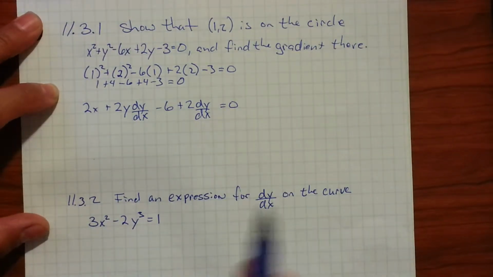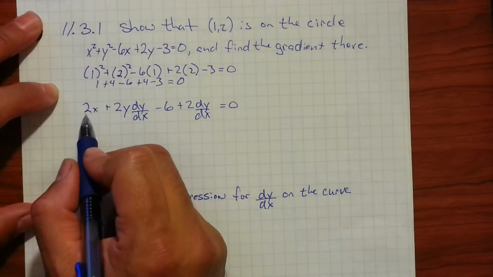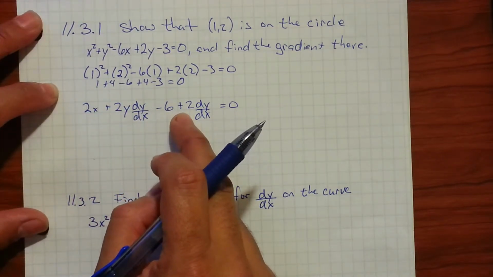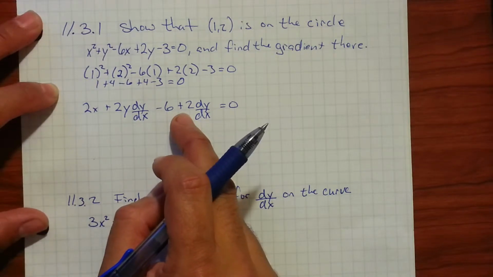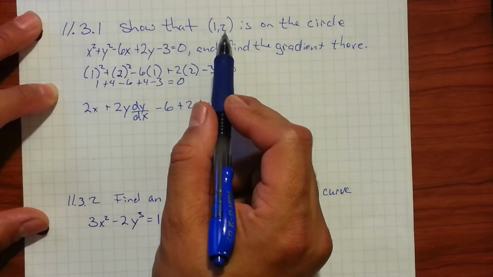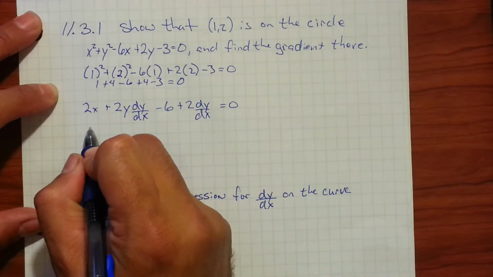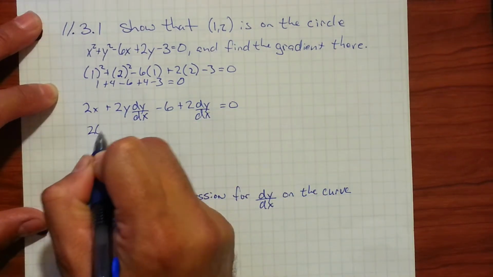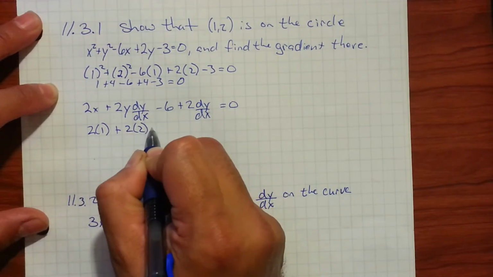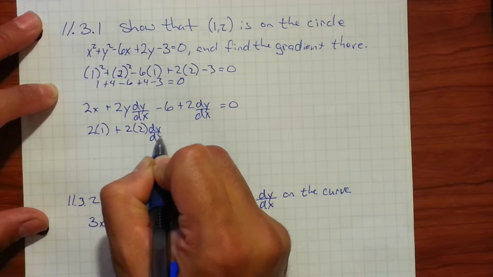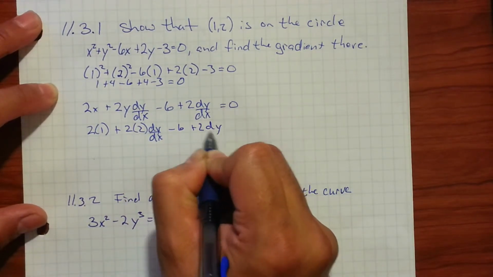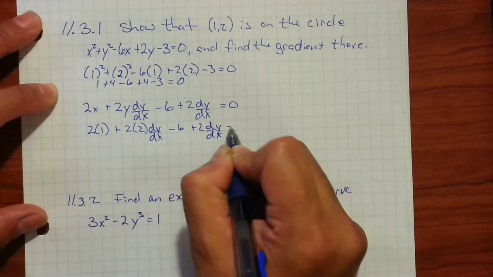Now we're trying to find the slope here, so I'm going to plug these in and solve for my dy/dx. So plug in my point, which is (1, 2), so this is going to give me 2 times 1 plus 2 times 2 dy/dx minus 6 plus 2 dy/dx equals 0.